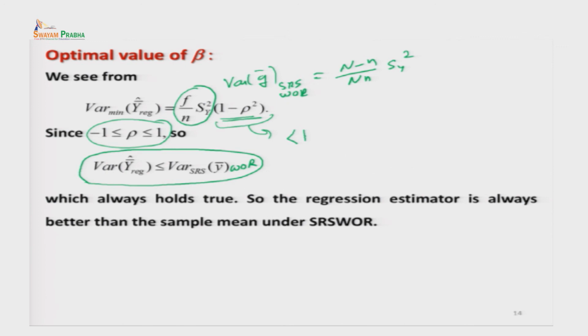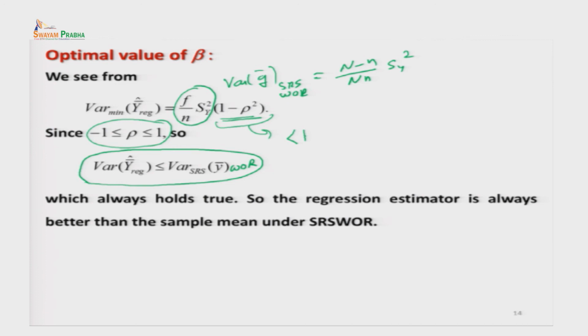So, you can see that if somehow beta is known to us precisely, a 100% correct value, then this regression estimator is going to give you a better value than the sample mean obtained under simple random sampling.